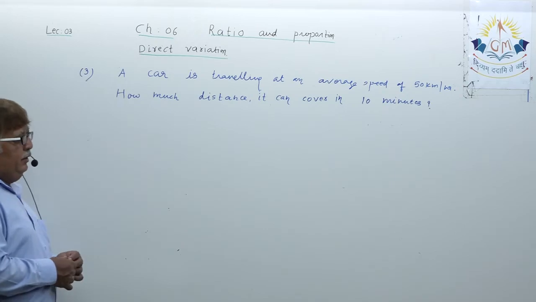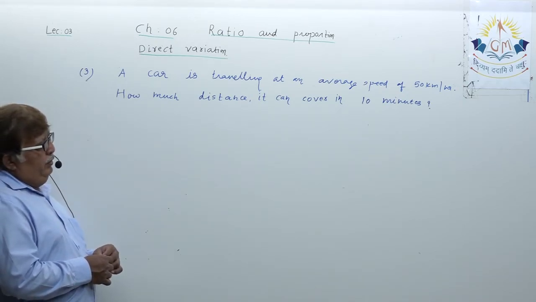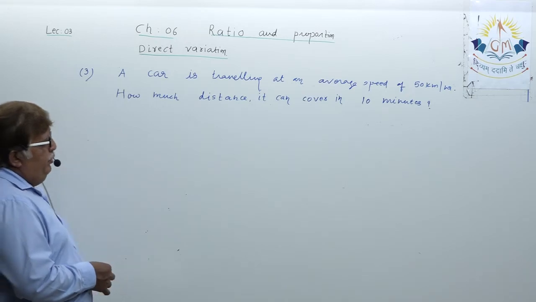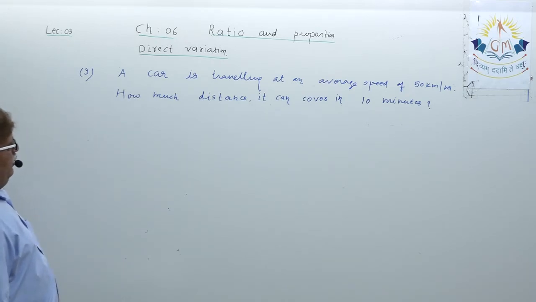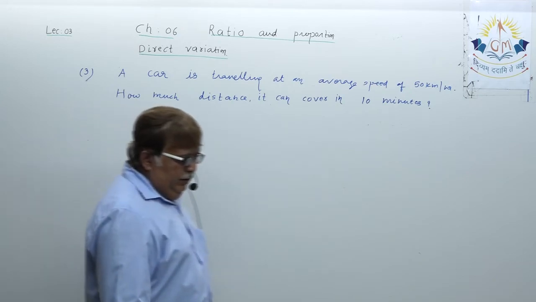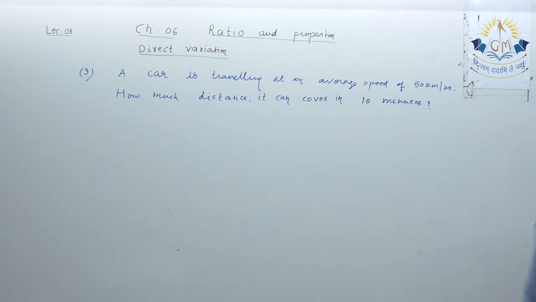A car is traveling with an average speed of 50 kilometers per hour. How much distance can it cover in 10 minutes? Please instigate your brain and start thinking.